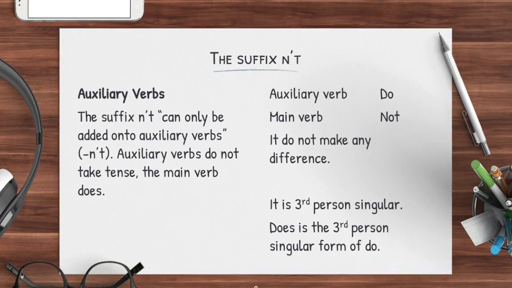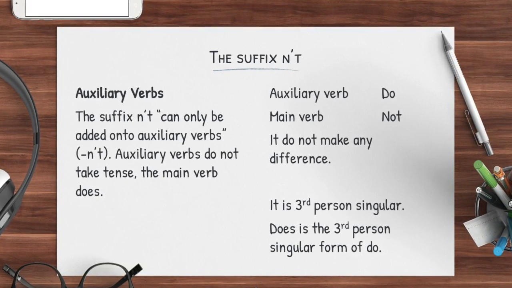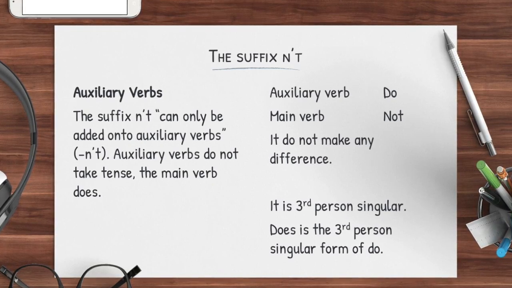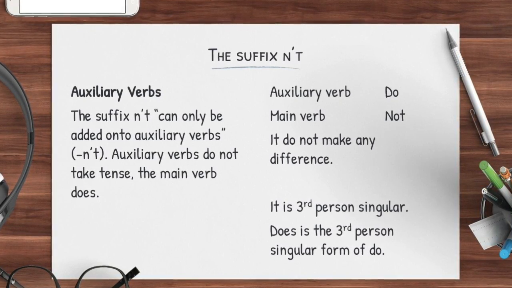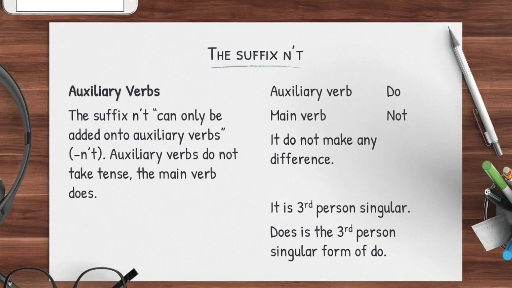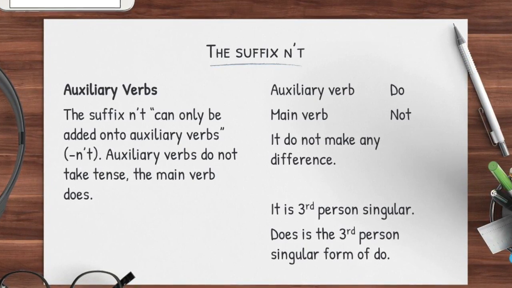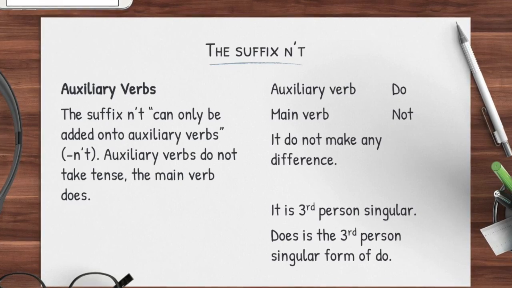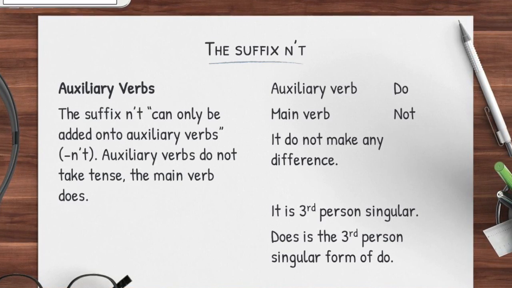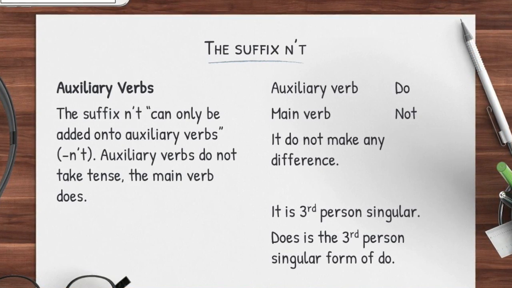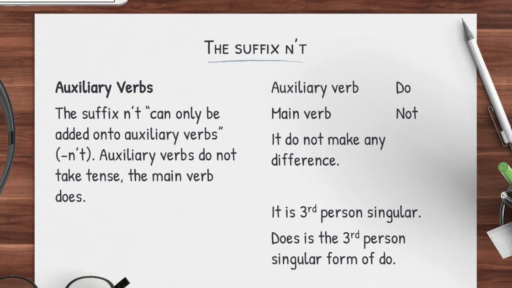The main verb does. In this case, the auxiliary verb would be do, and the main verb would be not. When we are saying "it don't make any difference," we are using the third person singular form in the subject it, which means we should be using the verb does instead of do to satisfy subject-verb agreement.